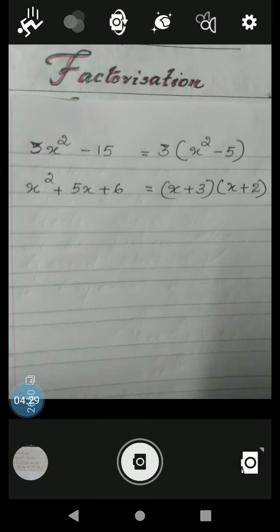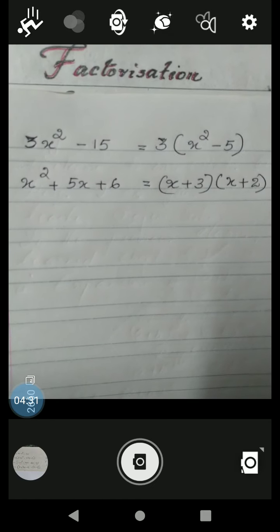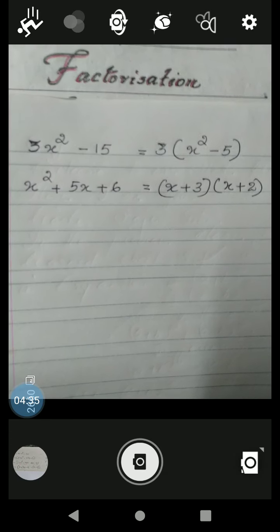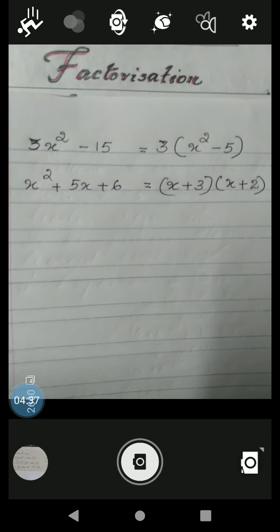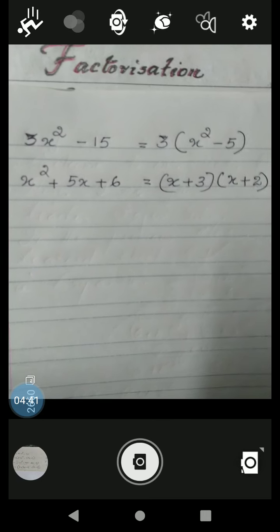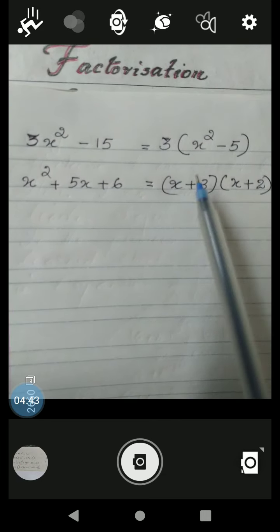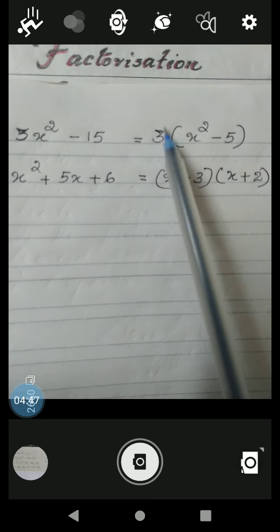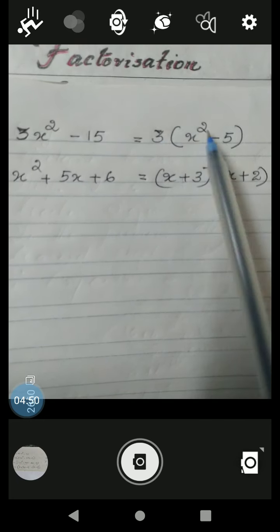That means the process of writing an expression in the form of terms or brackets multiplied together is called factorization. Here each term, this is one term, this is another term.